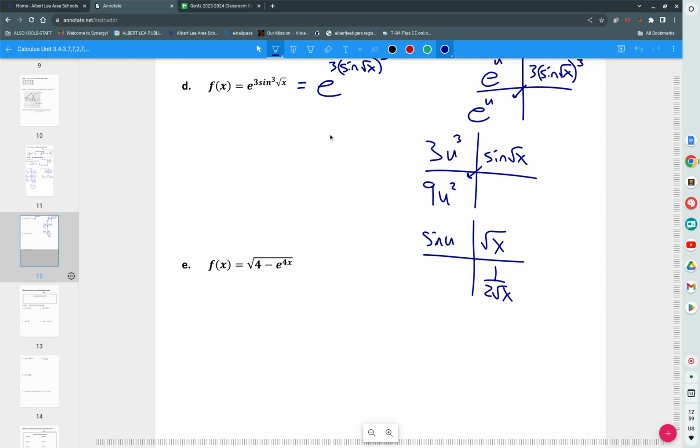And the derivative of sine of u is cosine of u. So when I multiply those together, the top is going to be cosine of the root of x, and then the bottom will be 2 roots of x.